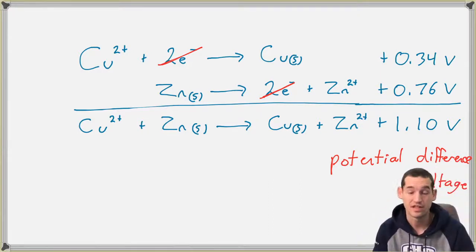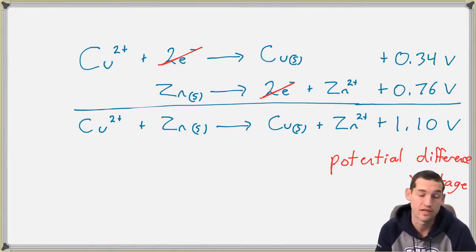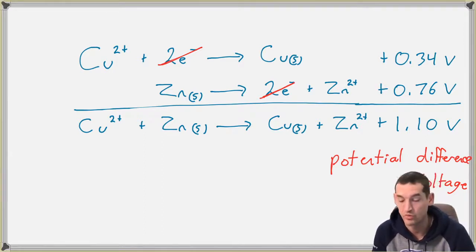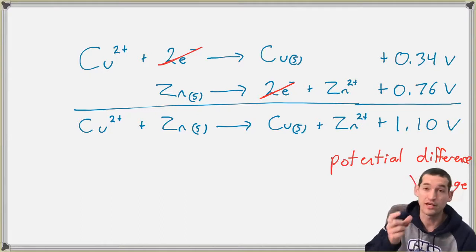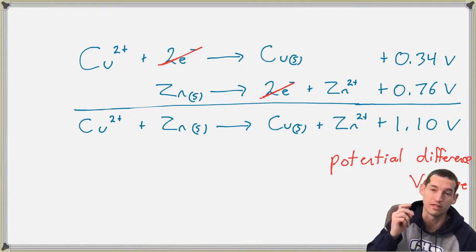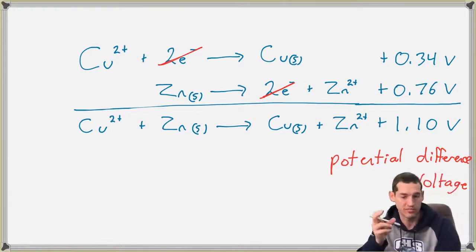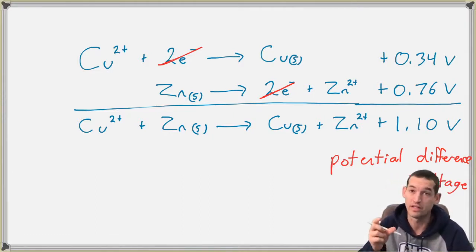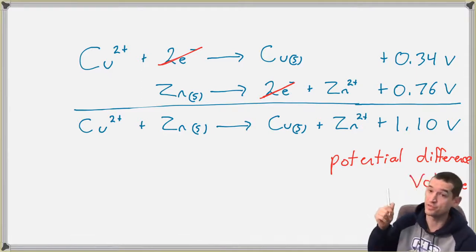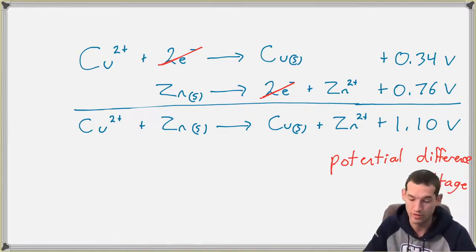So in this case, if everything is ideal, it could produce up to 1.10 volts. Now, a Duracell battery or an Energizer battery, like AA, AAA, C, D batteries, those are all 1.5 volt batteries, and I'll show you the half reaction for those here in just a second. But that's what they would produce. This one is a 1.10 volt battery.